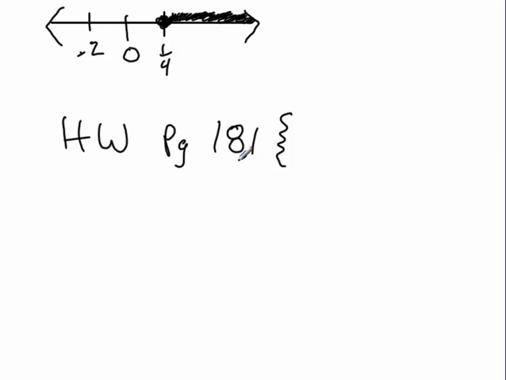These are all fairly simple, so let's go 7 through 29 odd. And 50 to 56 even.